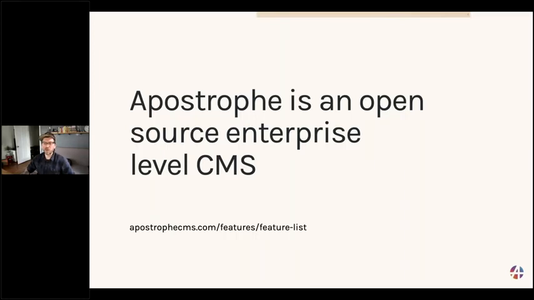So if you don't like the way that something functions, you do have the ability to enhance or overwrite any piece of Apostrophe you want. It's been around since 2008, but it's been running on Node since about 2016. It also powers all kinds of websites from community organizations to larger universities, startups, and some national and international companies.